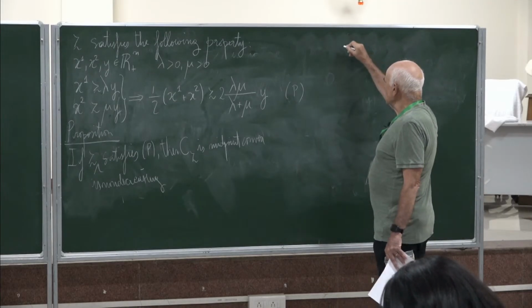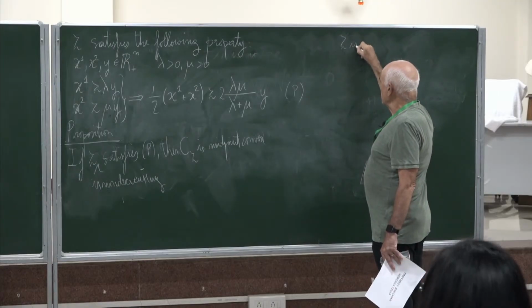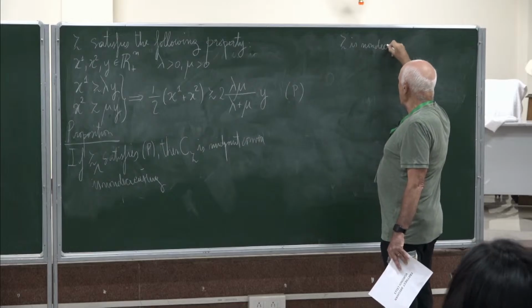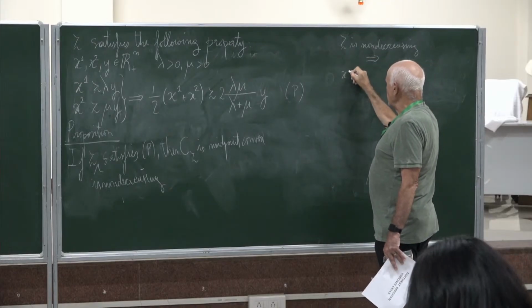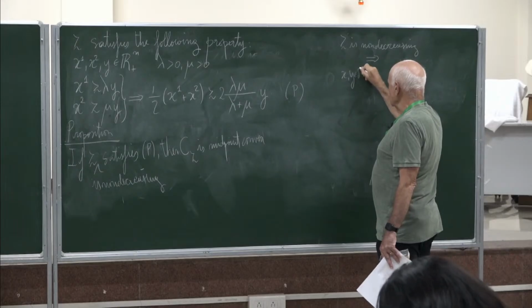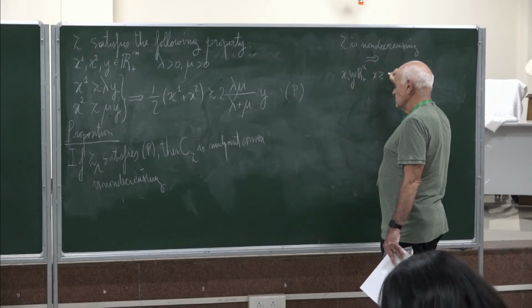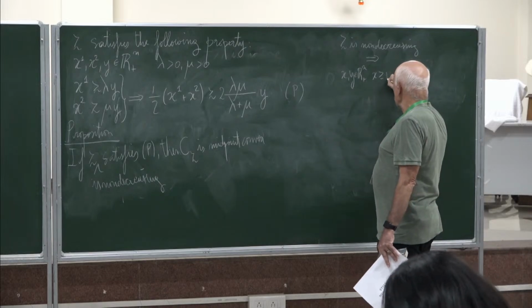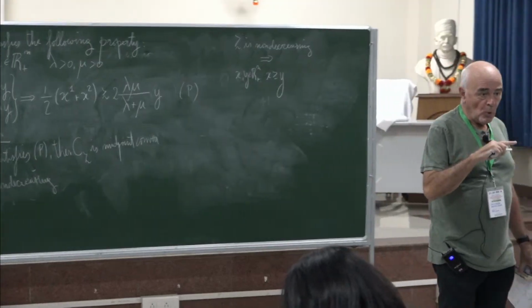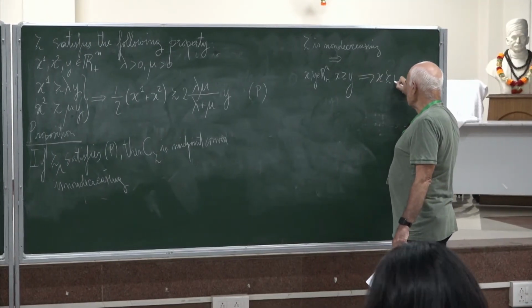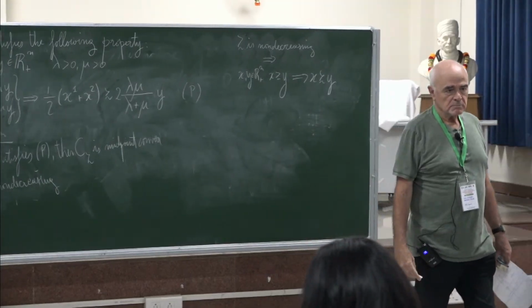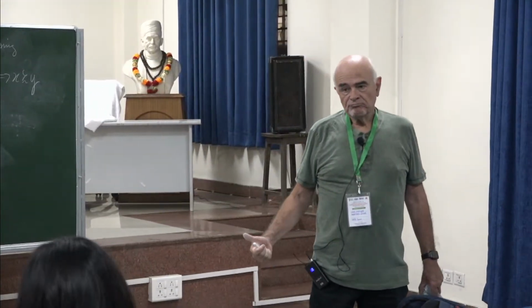One says that it is non-decreasing. Means that whenever you have x, y with x greater than or equal to y component-wise, so x has more than y, or at least the same of every component, then you prefer x to y. Quite reasonable assumption.